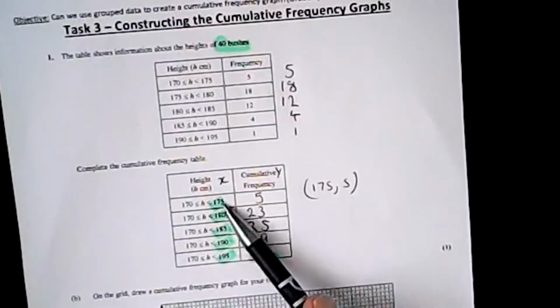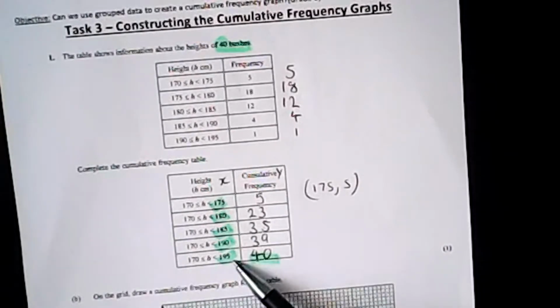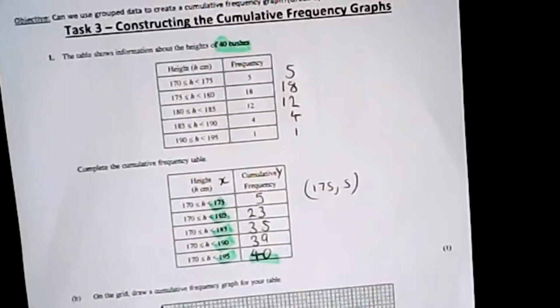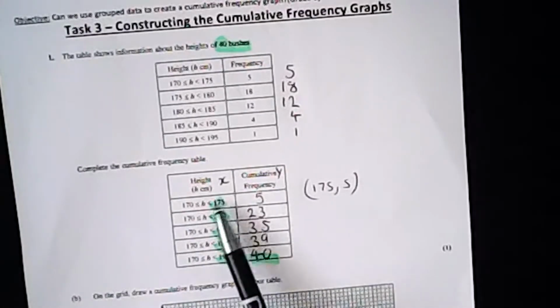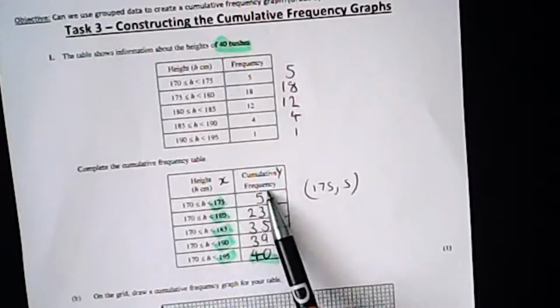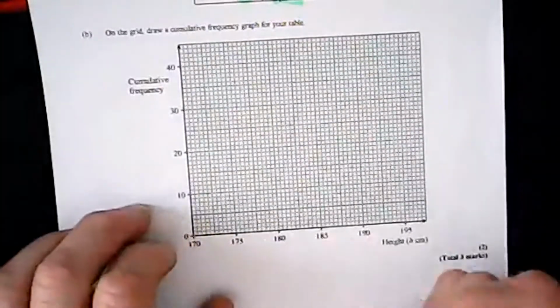Also, you can see a little pattern here: 175, 180, 185, 190, 195. That's not always the case. You can have a jump, a leap at the end, or they could be closer together. So always go back to the table and check your coordinates. Once you've got the idea, it's just plotting coordinates like a normal coordinate graph.